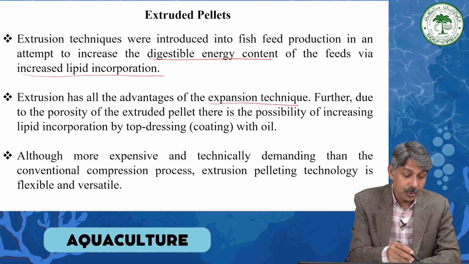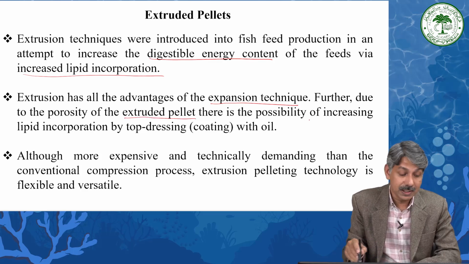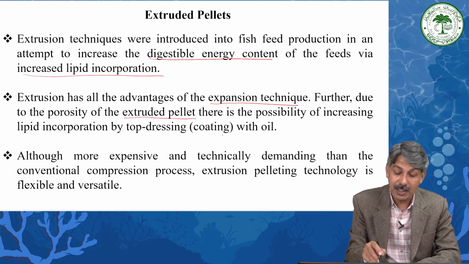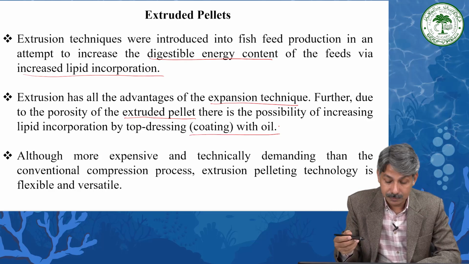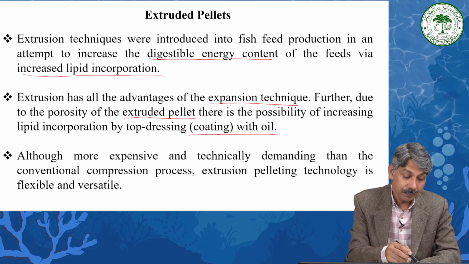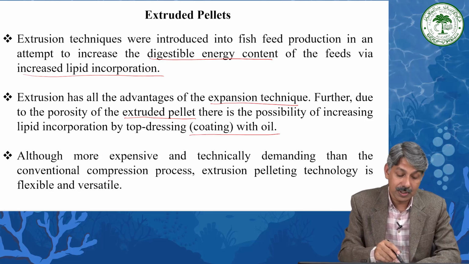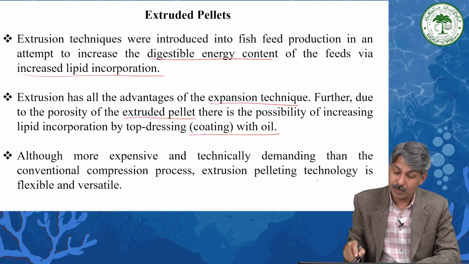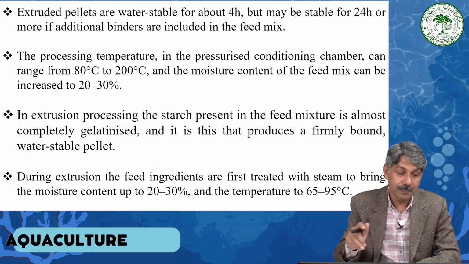Further, due to the porosity of the extruded pellet, there is the possibility of increasing lipid incorporation by top dressing, coating with oil. So, you can increase the lipid content. Although more expensive and technically demanding than the conventional compression process, extrusion pelleting technology is flexible and quite versatile.